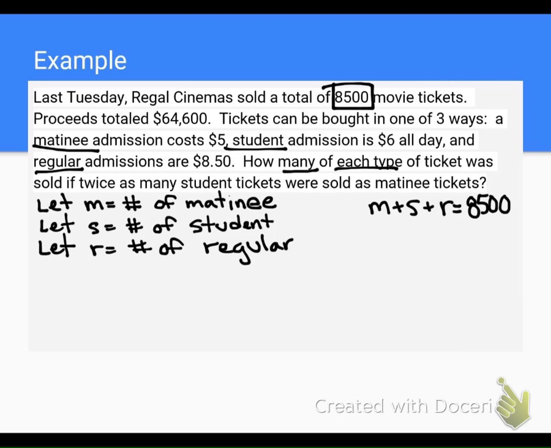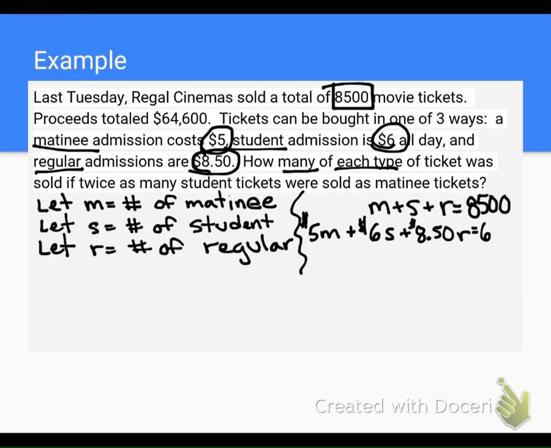Using those numbers, we can create the following equation. If we take 5 times the number of matinee tickets plus $6 times the number of student tickets plus $8.50 times the number of regular tickets, that total should give us our grand total of $64,600.